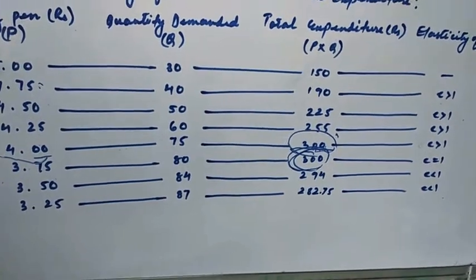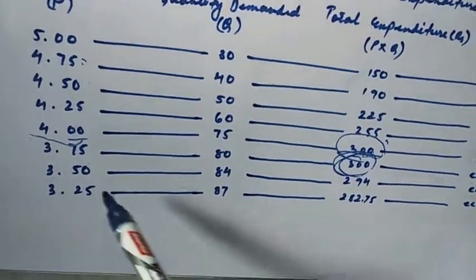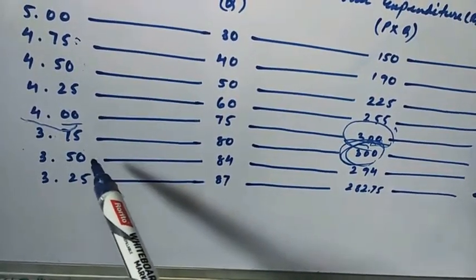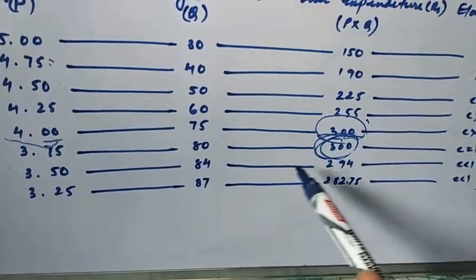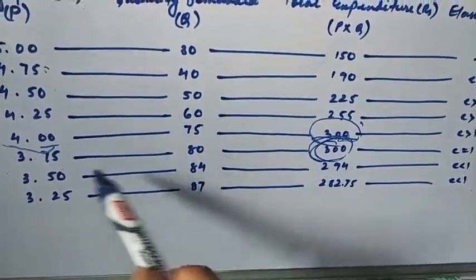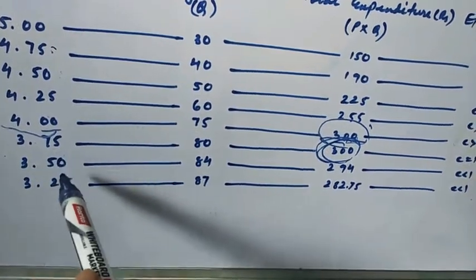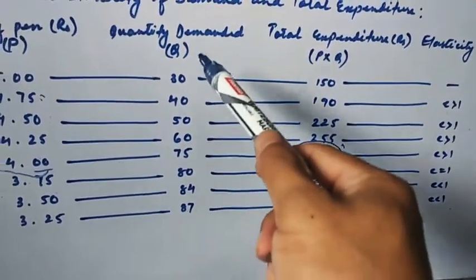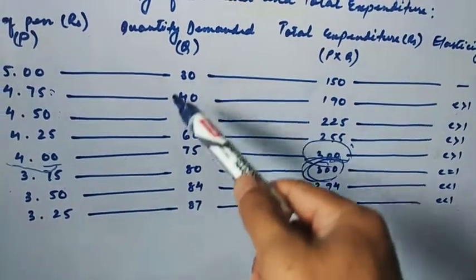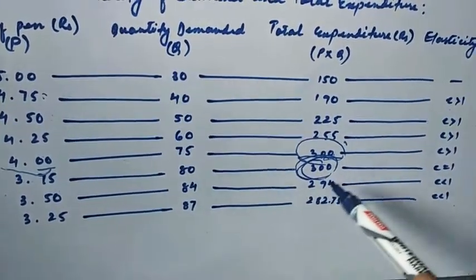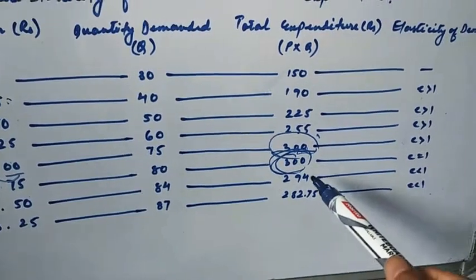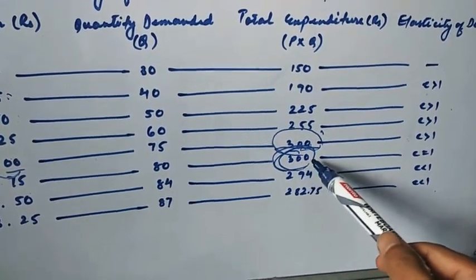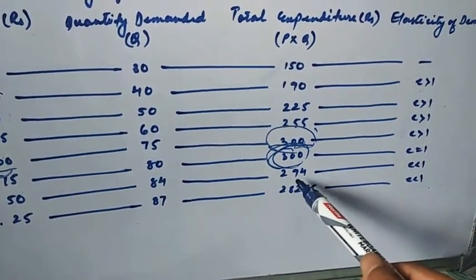Unit elasticity. Further, price has fallen from 3.75 to 3.50, and again fallen, which leads to such an increase in quantity demanded that there is a decrease in the total expenditure from 300 rupees to 294 rupees.